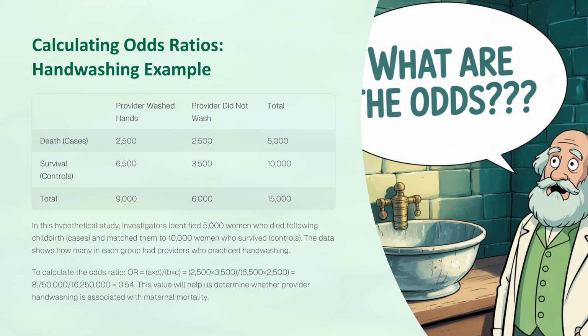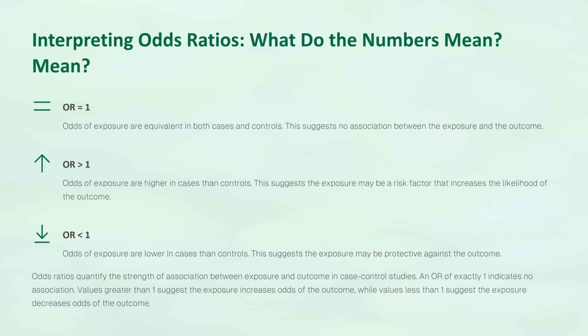And you can see if we do the calculation A times D over B times C, we get an odds ratio of 0.54. So this value is what we use to determine whether hand washing is associated with maternal mortality. And to interpret that odds ratio, we need to kind of just go back to what it is again. And remember, anything that's a ratio, something that's a fraction with a denominator and a numerator, if it's 1, then they're equal between the groups and there's no effect.